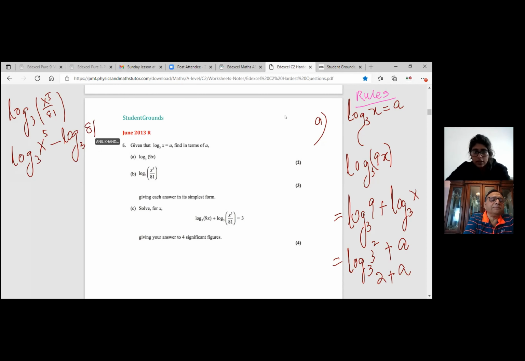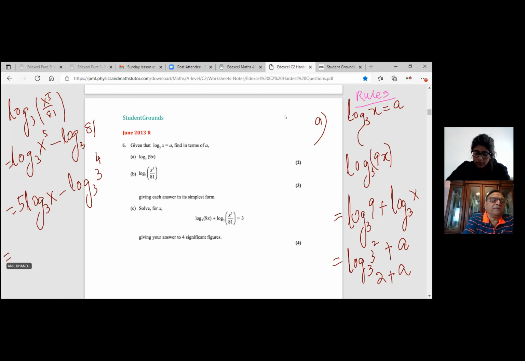So that's the first step. Now we can apply the power rule here, and we can write this as 5 log to the base 3 of x. You can write the rules which you are applying on the side, minus log to the base 3 of what power of 3 is 81? 4. So write that.